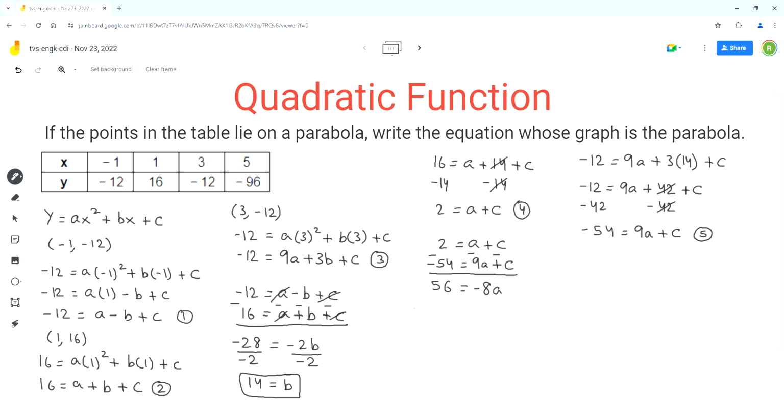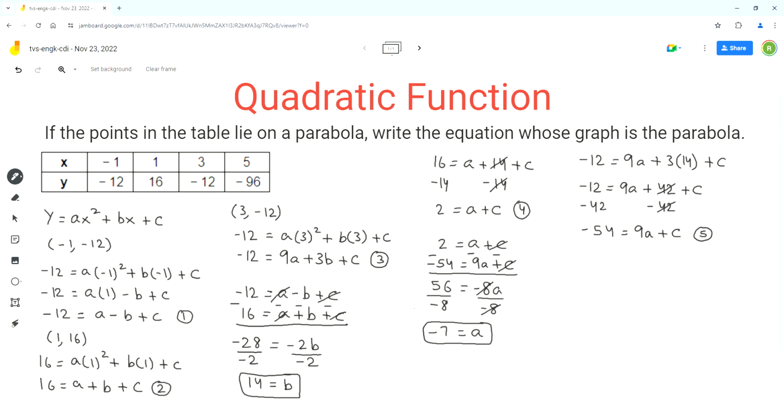The c terms get cancelled out. Now we can divide both sides by negative 8. I get a equals negative 7. This should be the final answer for a.